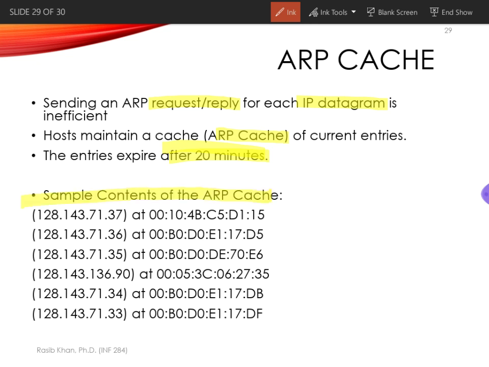So a sample of the ARP cache looks something like this, where the ARP cache for a host can have the IP address and the MAC address paired like this. And it's just a list of IPs and MACs listed one after another.